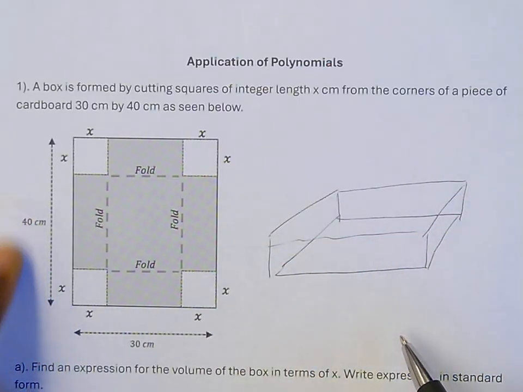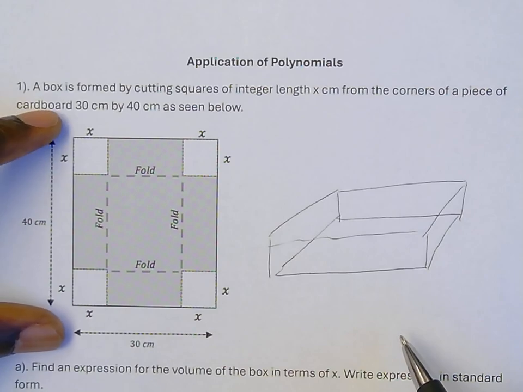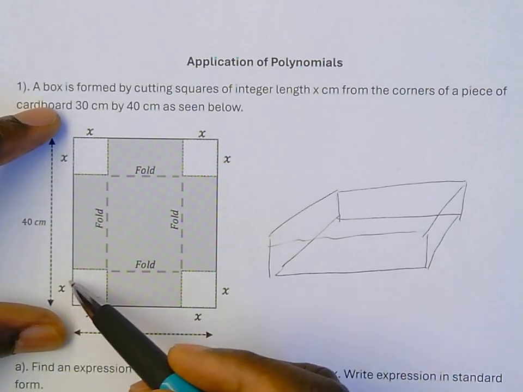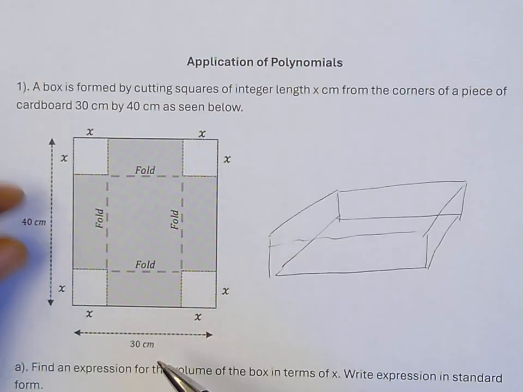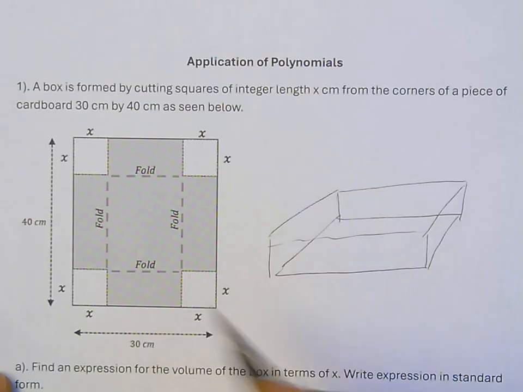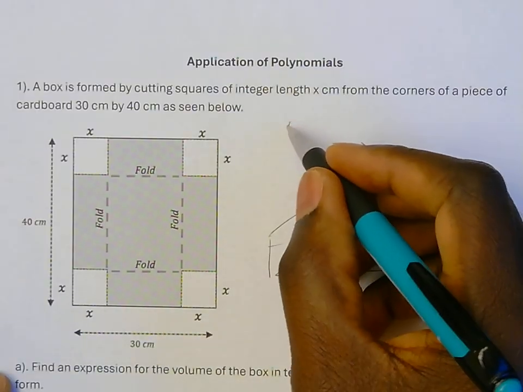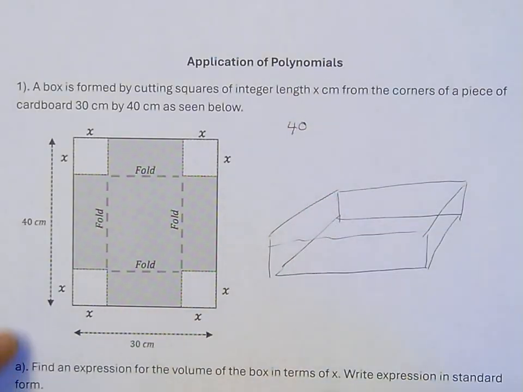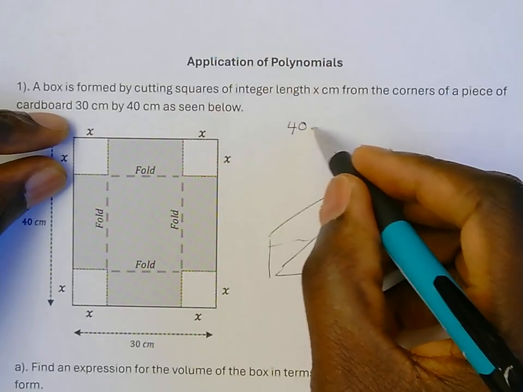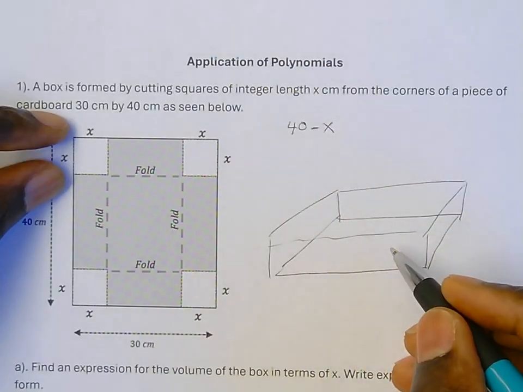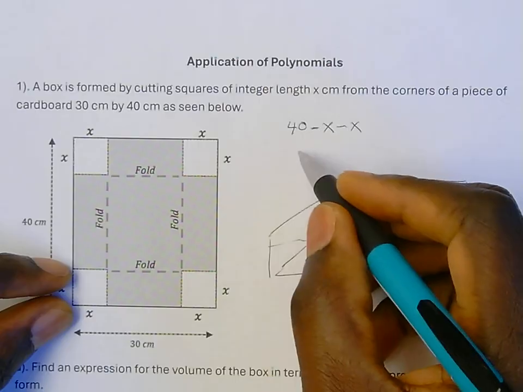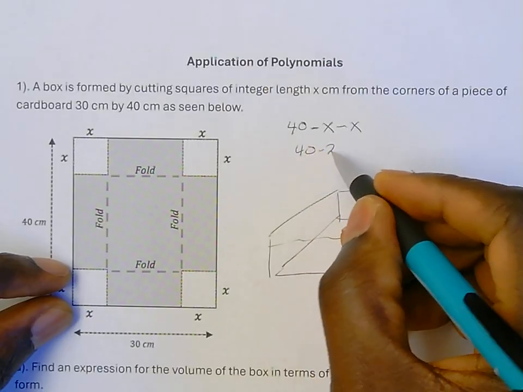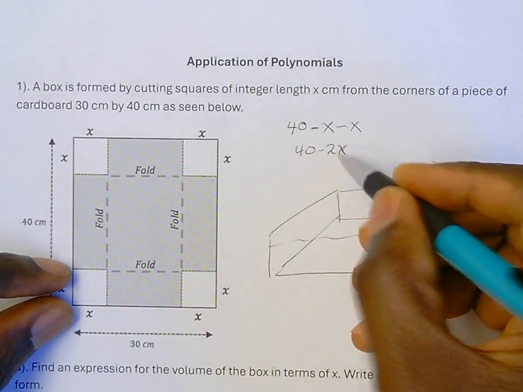So once we have the length of 40 centimeters, if we cut off a length of x on this side and cut off another length of x, we are going to be left with 40 centimeters minus x, then minus another x, so we end up with 40 minus 2x on this side.